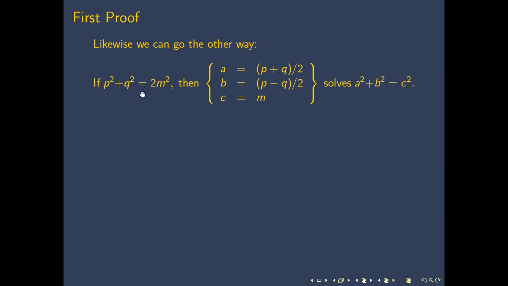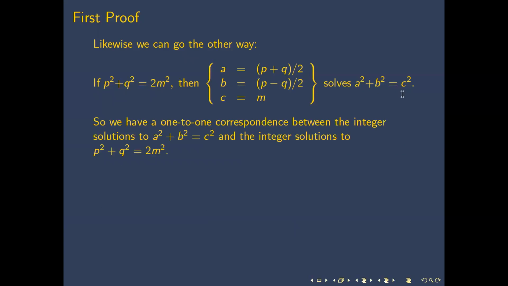So if you give me any solution to the factoring one, I can back sub and get a solution to the Pythagorean one. So I've got this one-to-one correspondence between the integer solutions to the Pythagorean equation and the factoring equation. And we see in this correspondence already that the m has to be the hypotenuse of the Pythagorean triple.